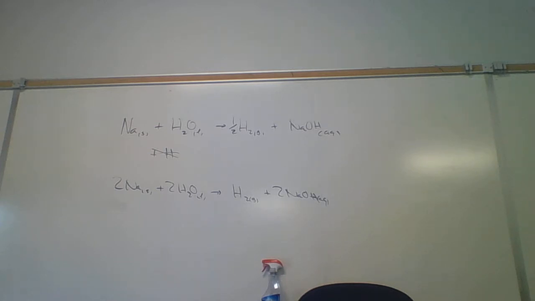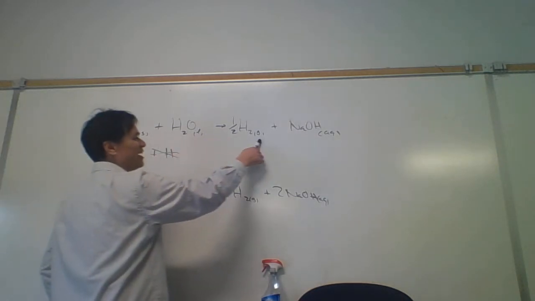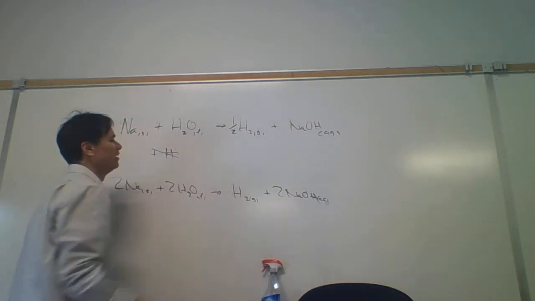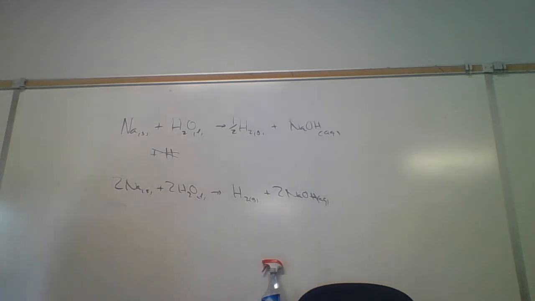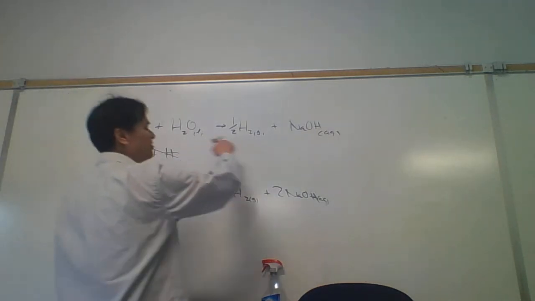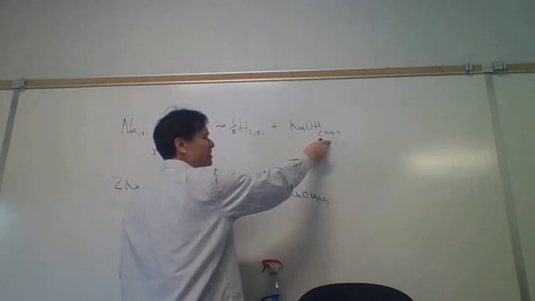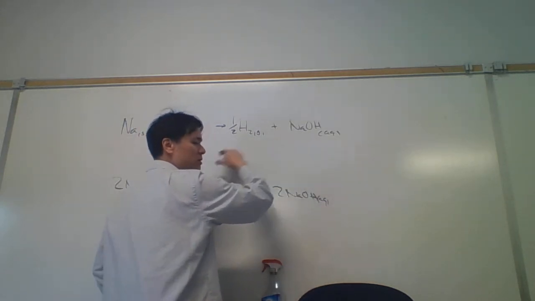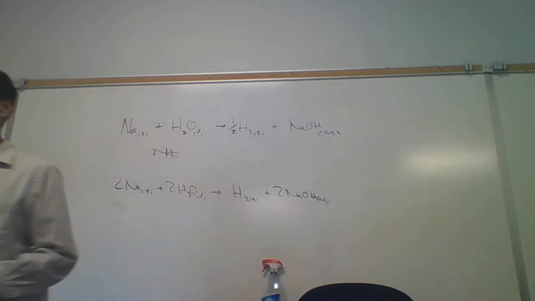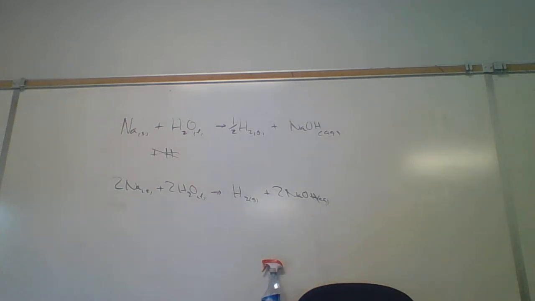Okay, these are common: solid, liquid, gas, aqueous. Aqueous just means dissolved in water. In this case, we have all states of matter. The difference between liquid and aqueous: both are liquids, but aqueous is referring to a mixture, whereas liquid is referring to pure, like pure water.